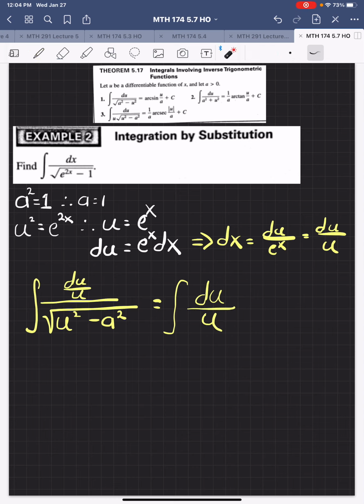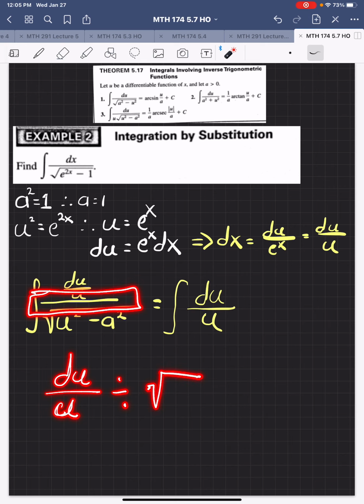Now, remember, I'm going to write it down here. So this is the way you would translate this. This is du over u, divided by, and the divided by is this division symbol here, divided by the square root of u squared minus a squared. If it helps you, you can think about that as over 1.